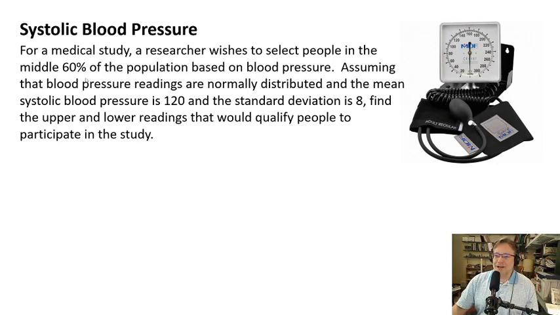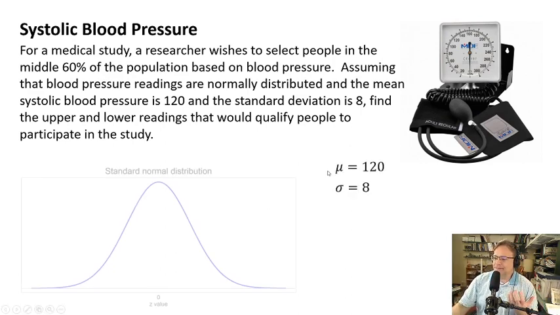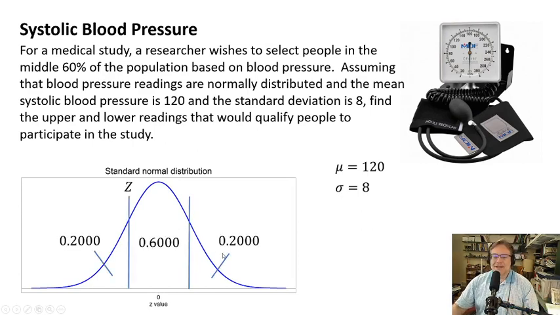Okay, this one's a little bit more complex because we want to find people in the middle 60% of the population based on blood pressure. We've got to draw this out on our standard normal distribution here to see what this looks like, the middle 60% here. How do we draw this? Well, let's take a look at our standard normal distribution here, and we're really looking for something that looks like this.